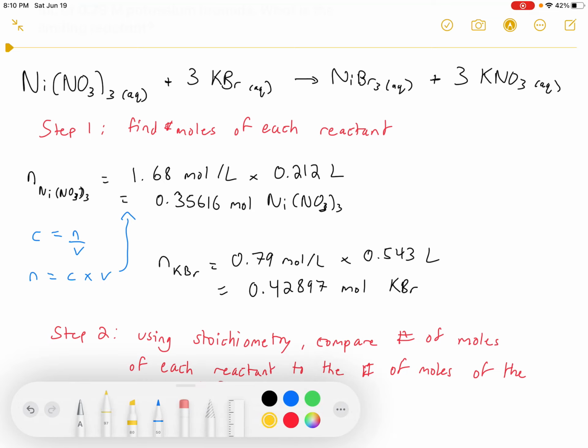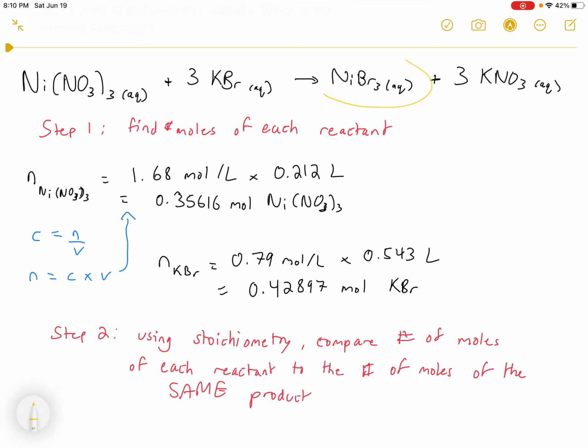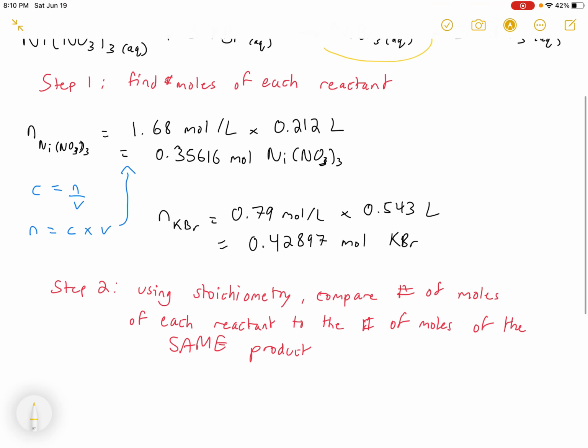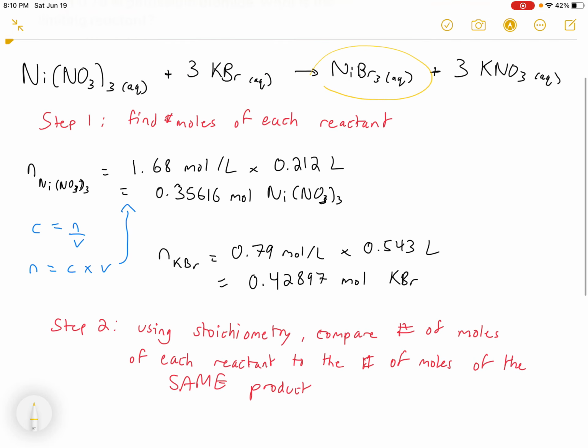Now I'm going to pick the nickel bromide. We'll do that one. So first of all, we have to assume that each reactant is going to be limiting and perform stoichiometry as if it were limiting to be able to determine the actual true limiting reactant.